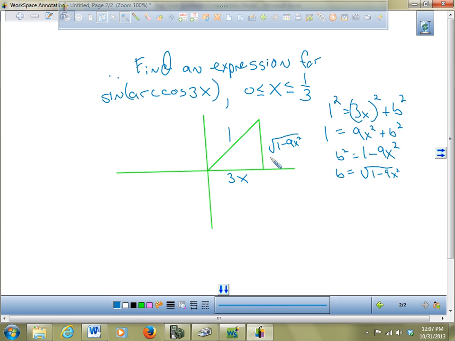And then I'm not done yet. What is the sine of this angle? We'll call it theta right here. So this is theta. It's some angle whose arc cosine is 3x. What's the sine of that angle?